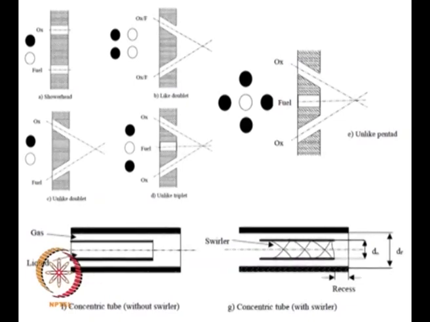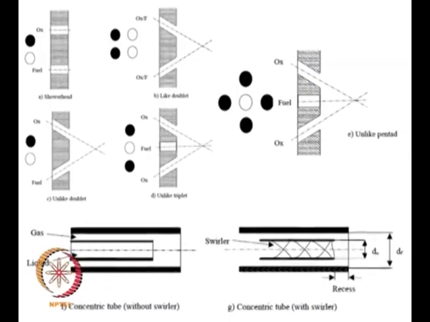In this case the direction does not change, and it is more robust, and you also can use something like an unlike pentad as shown here. That is, we are only seeing a section here which will show 3, there will be one more on the other side, 2 more on either side.